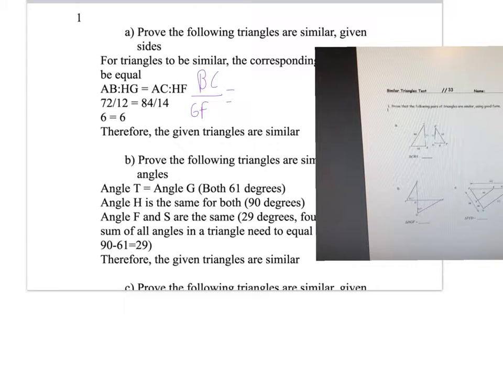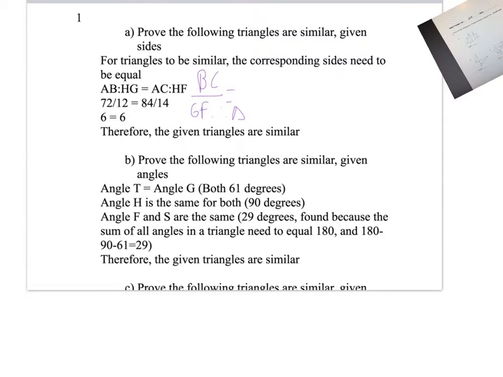And so if you write all those out, then you can say, therefore, triangle ABC is similar to triangle GHF, and in brackets you're going to put side, side, side.